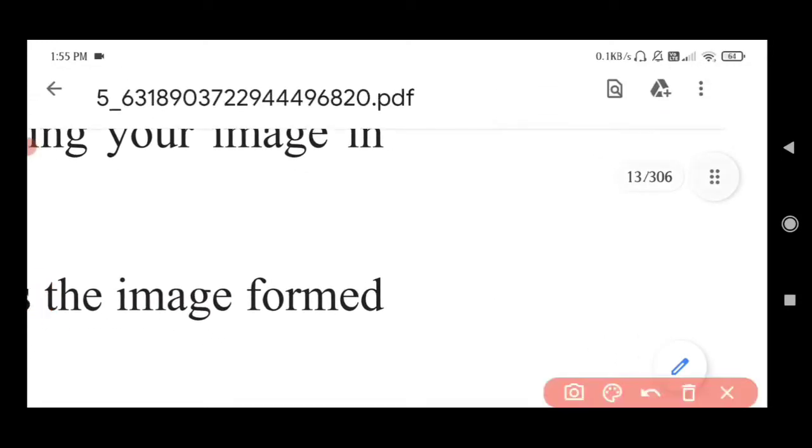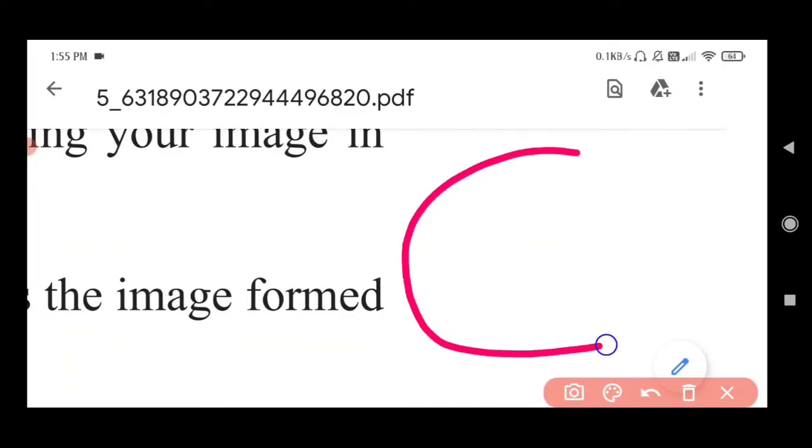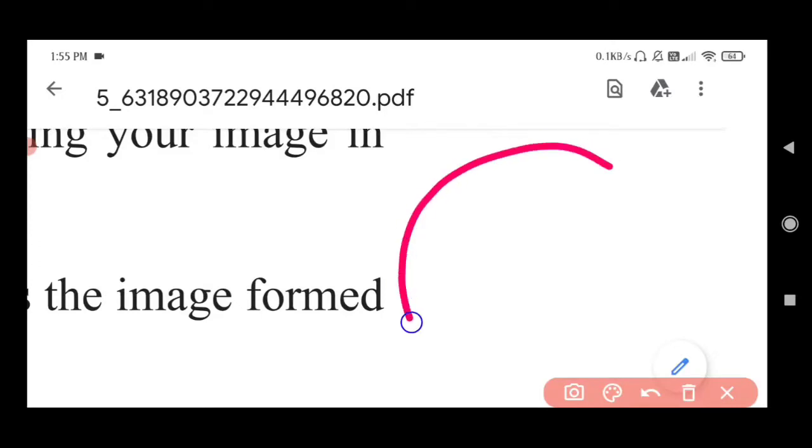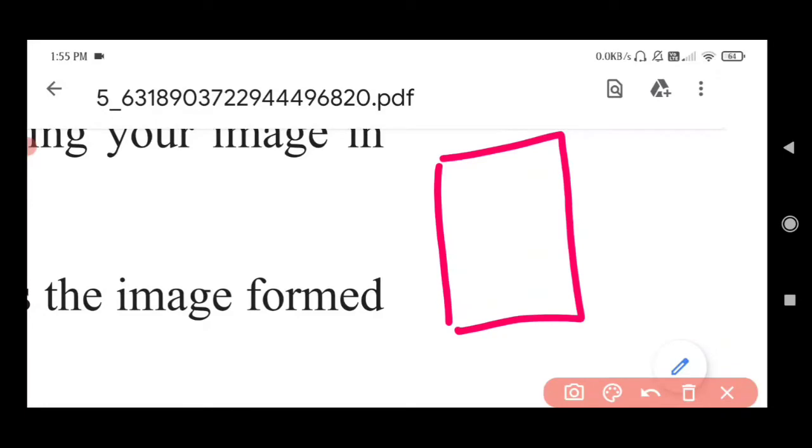So a curved mirror is basically not a straight one, it has some curving, it is like C shaped. So first let me explain what is the reflecting part of the mirror and what is the non-reflecting part. If I consider a plane mirror, we have two surfaces.